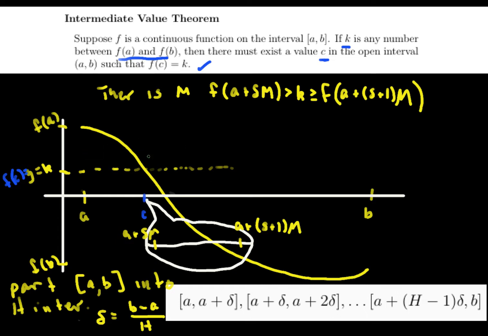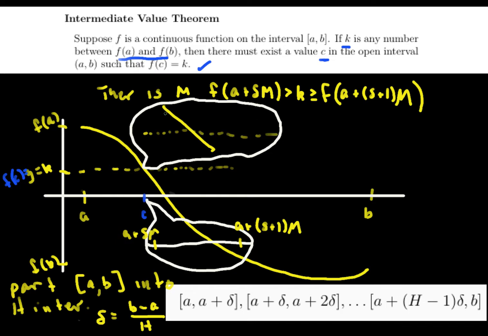If I zoom out, so I'm going to apply my microscope to this spot here, the graph looks something like this. I still have this dashed line here.